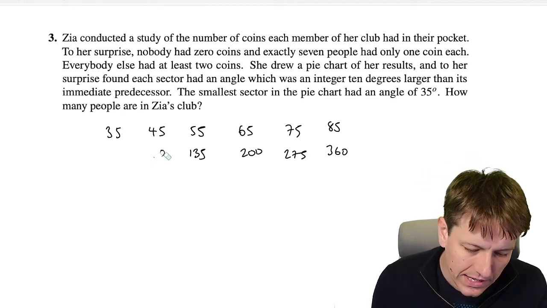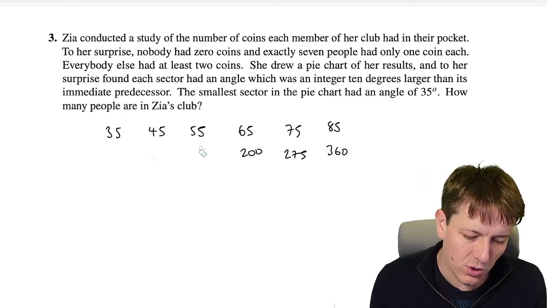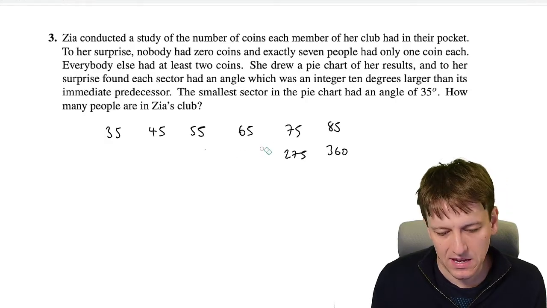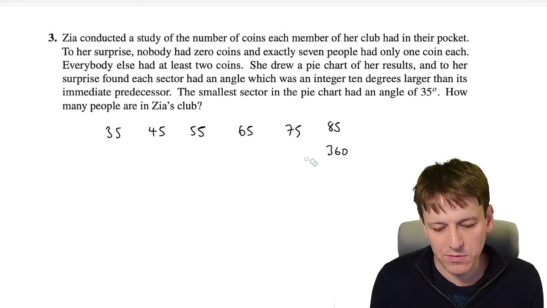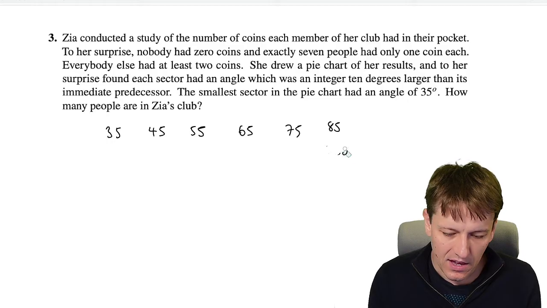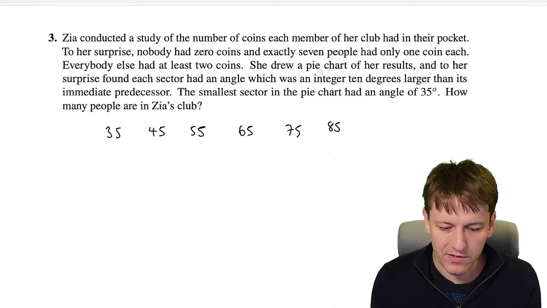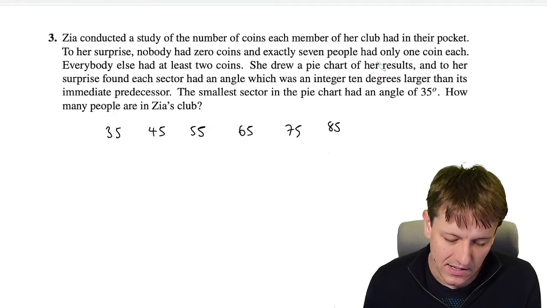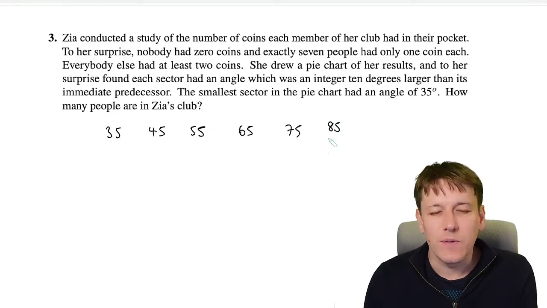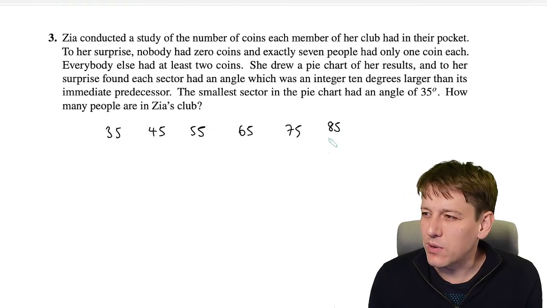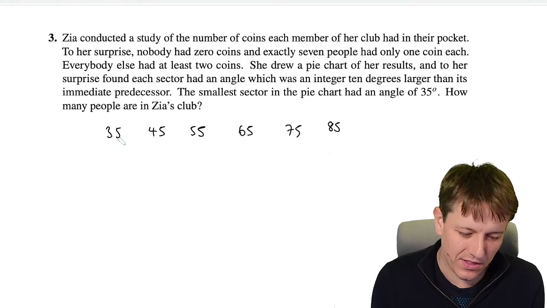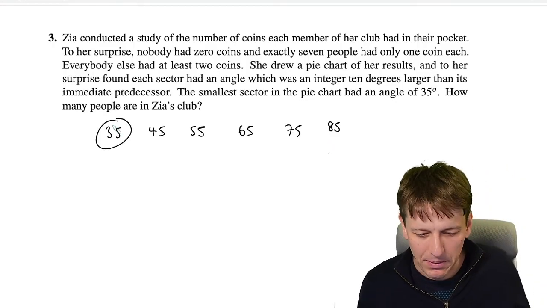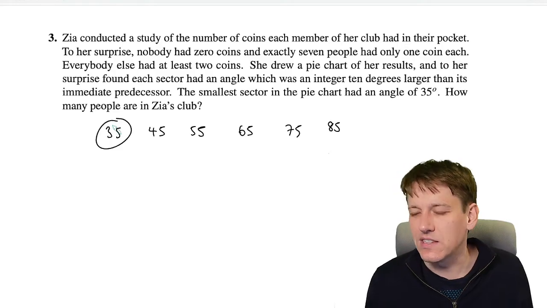And now the next step, I'm not sure if they intended it to require as much checking as perhaps it does here. We're going to use the fact that 7 people have only 1 coin each, and it's easy just to say, well, let's just let the 7 people be the 35 degrees, and I think perhaps they meant to tell you that.